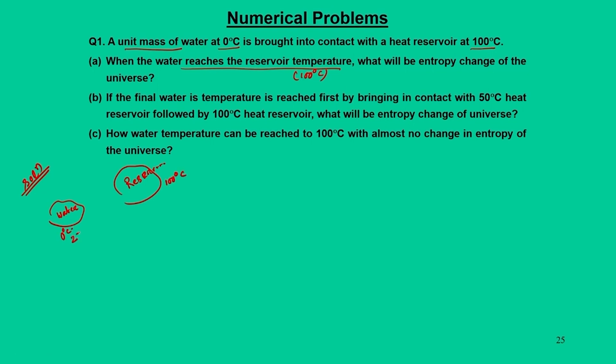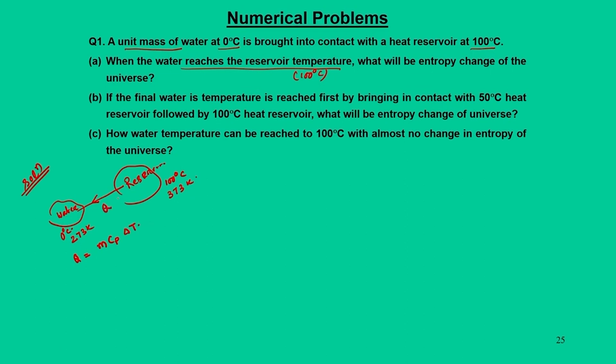So, I can say it is 273 Kelvin and it is 373 Kelvin. Then the water is in contact with the reservoir. So, obviously heat will enter from the reservoir to the water. So, we can calculate the heat absorbed by this. We can say Q is equal to m Cp times delta T.